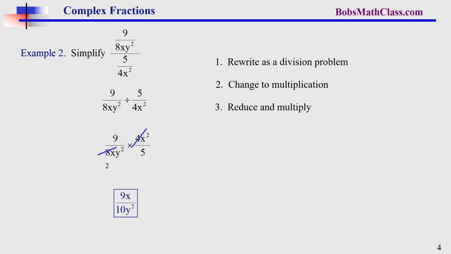The x's, there's one more x on top because it was an x squared on top and only one x on the bottom. So there's one more x left on top. And the y squared, there were no y's on the top, so it's just the y squared on the bottom. We have a 9 left on top, and then a 2 times 5 on the bottom. So our answer is 9x over 10y squared.